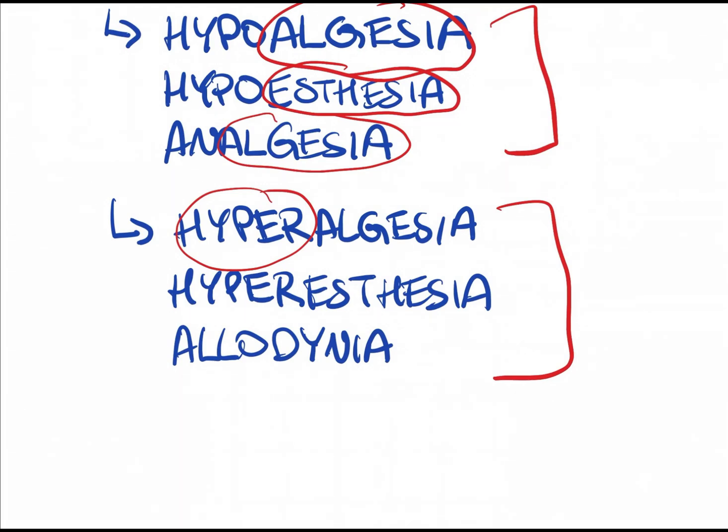And then this last term is actually very different. You can see it doesn't really have a pattern compared to the other ones. Allodynia basically just means you're feeling pain from something that normally does not cause pain. So, for example, if you're just brushing the back of your hand, normally you wouldn't feel any kind of pain or any kind of unpleasant sensation with that.